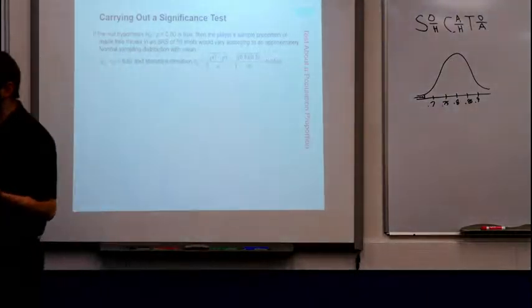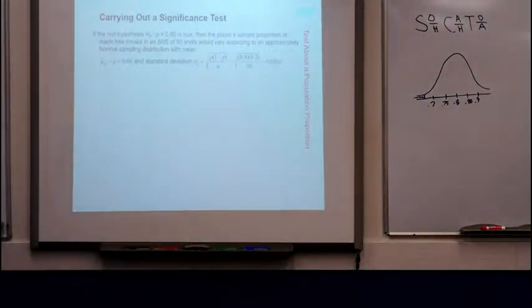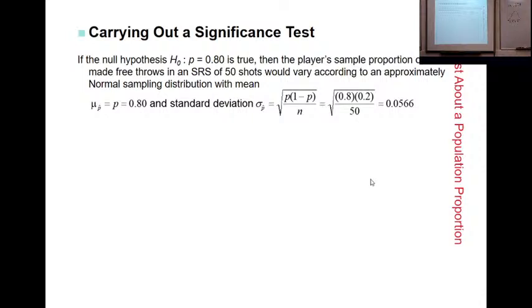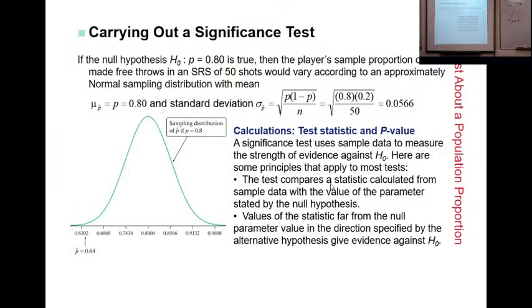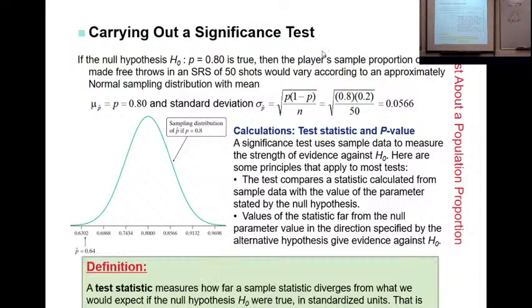Our z-score formula is value minus mean over standard deviation. Our value here is our statistic, the 0.64. The mean was 0.8.